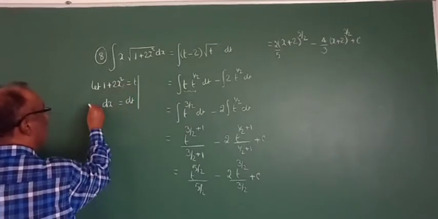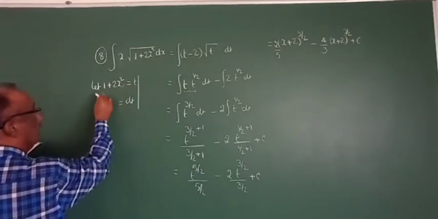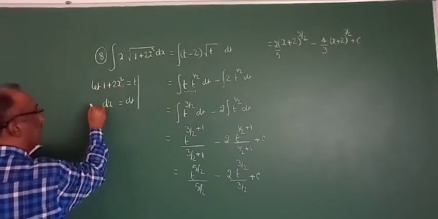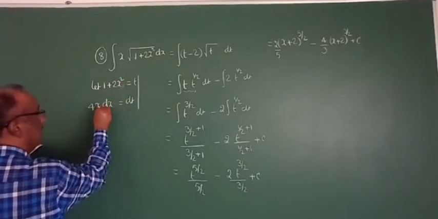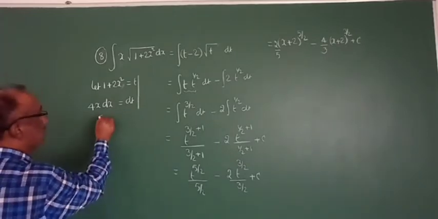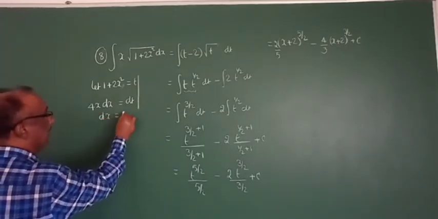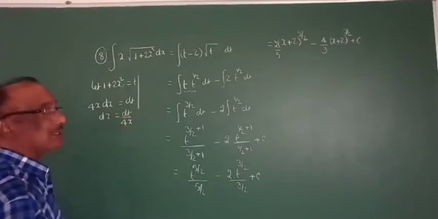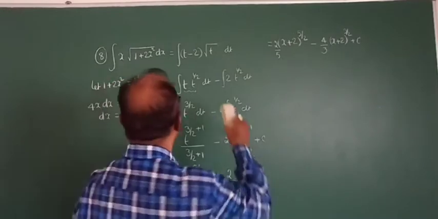The derivative of 1 is 0, of 2x square is 4x, so 4x dx is equal to dt, and dx is equal to dt by 4x.